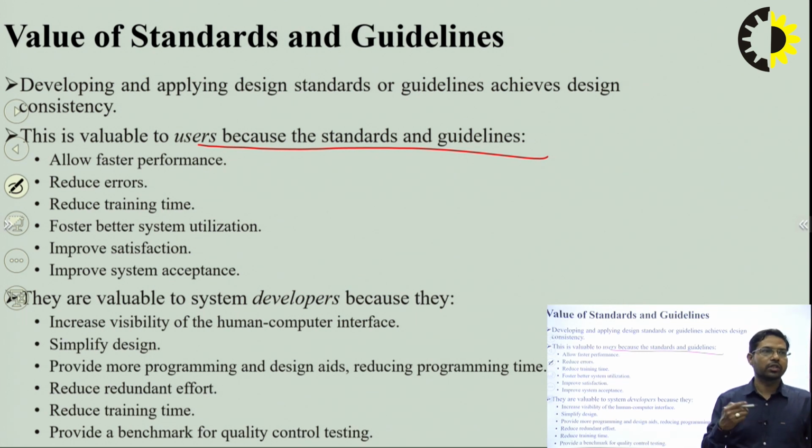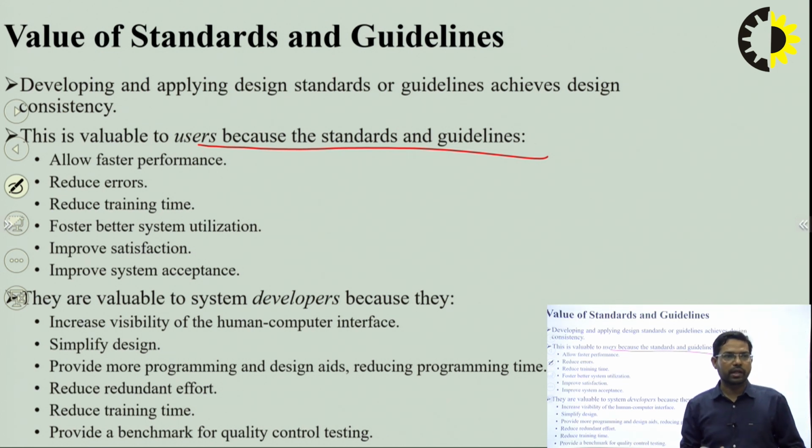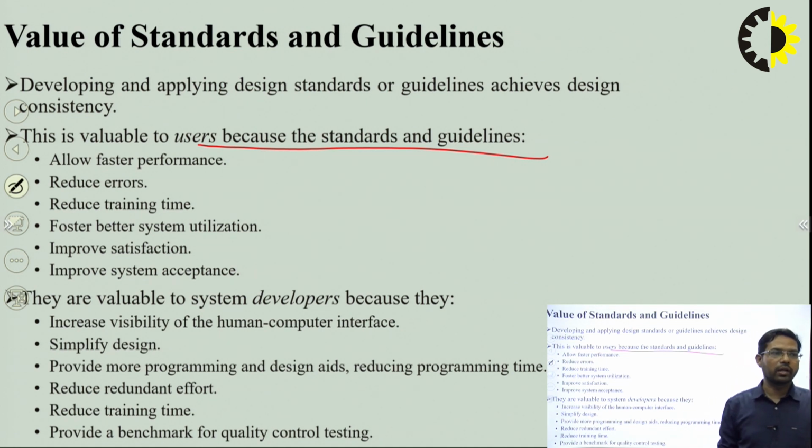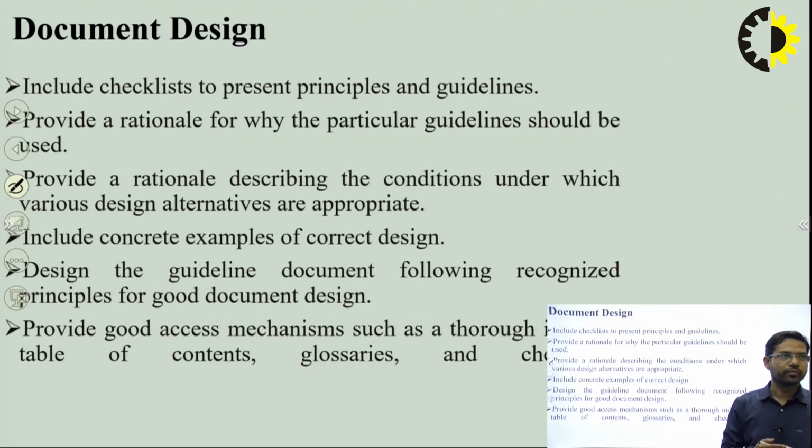They are valuable to the system developer also: they increase visibility of the human-computer interface, simplify design, provide more programming design aids, reduce redundant effort, reduce training time, and provide a benchmark for quality control testing. For example, if we develop a Java program and we already know what styles and guidelines there are, that is very good from both the users' point of view and the developers' point of view.